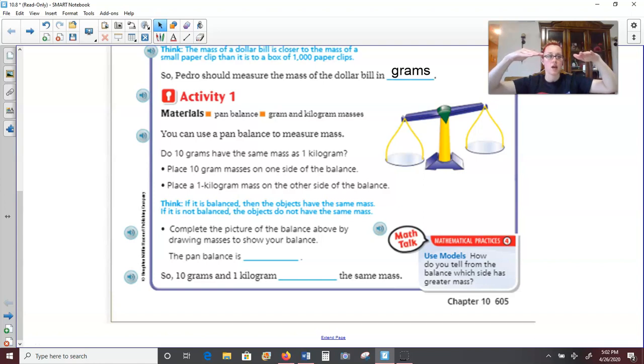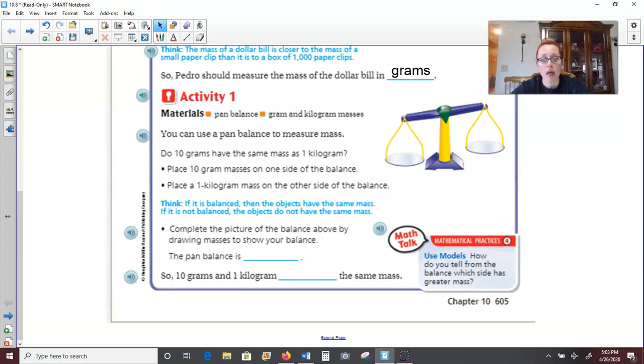But let's say we had just 1 apple on one side, and on the other side we put a whole bag of apples, then the side that's heavier, the bag of apples, is going to go down, and the lighter object, which would just be the 1 apple, is going to go up on the scale. So it helps you to see objects that weigh more or less based on if the scale is balanced or not.